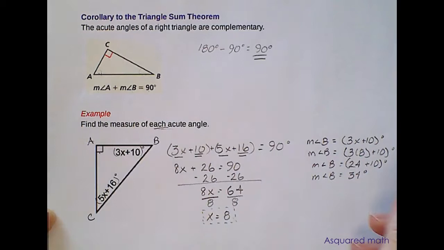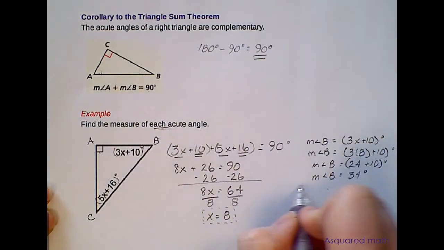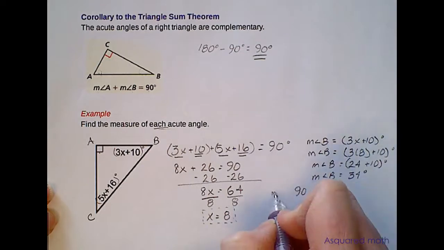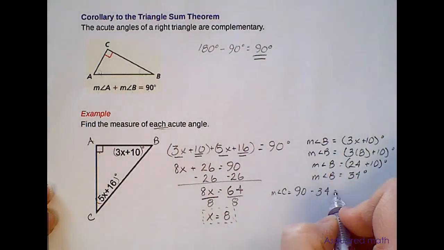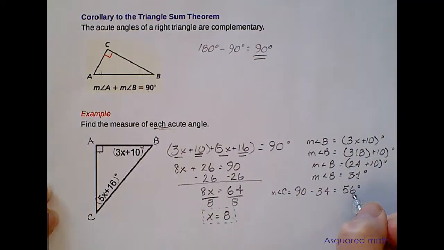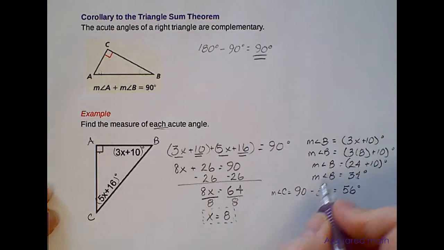You can always subtract 90 minus 34 to get the measure of angle C, and you would get 56 degrees. But let's double check, because if we did this wrong, it's not going to be 56 degrees.